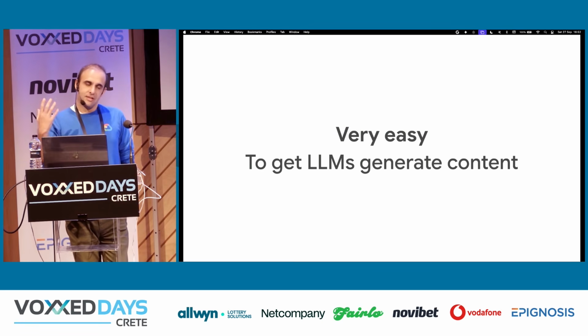I think it's very easy to get large language models to generate content. It's literally a single API call in most models. You just say generate text, generate image, generate sound, whatever, with a single call with some parameters, and you get some content back. That's the easy part. It's almost too easy, so people forget that maybe we should care about what we get back.